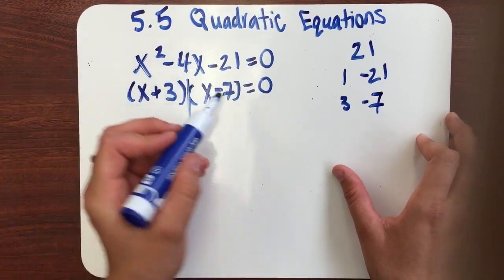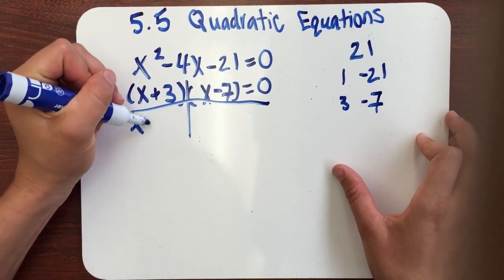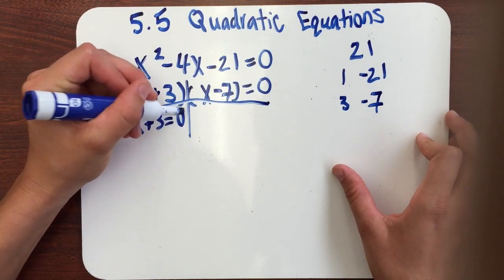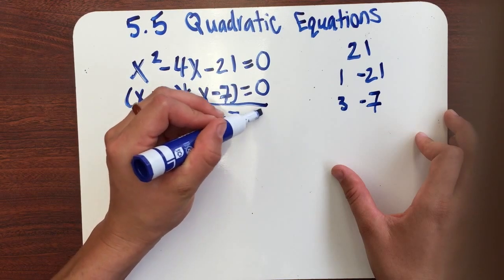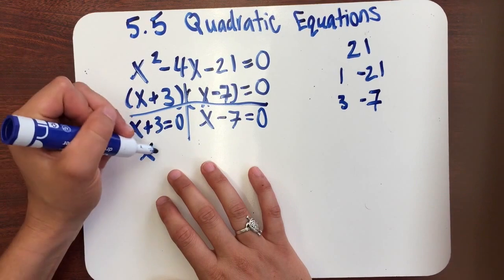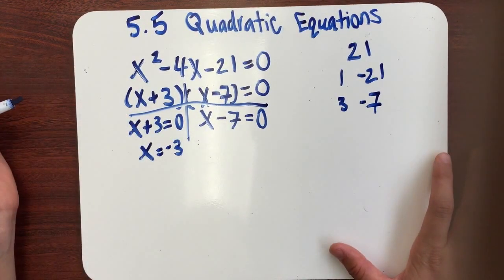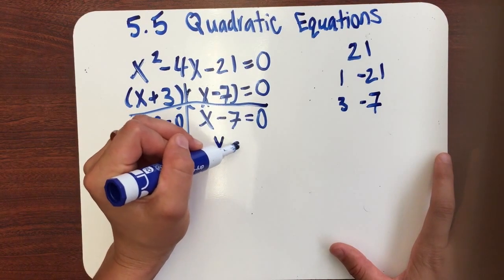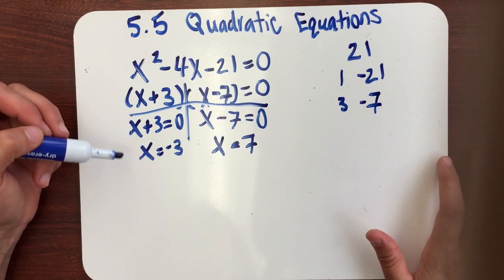From here, we're going to make a t-chart and set each binomial equal to 0. And then we'll solve this linear equation, each linear equation. So we get x equals negative 3 by subtracting 3 from both sides, and x equals 7. So this is giving us the value of x.